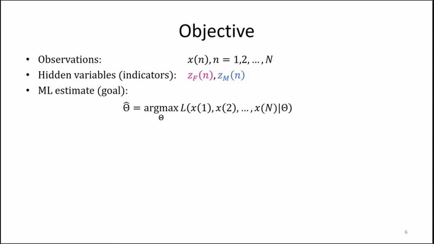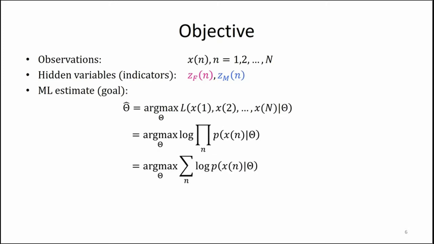So theta hat is the max likelihood estimate, which is argmax with respect to theta of the likelihood of all the samples x1, x2 until xN. So this is the joint probability. That's equal to argmax of the log likelihood, which is log of the joint probabilities, which is the product over n of p(xn given theta).